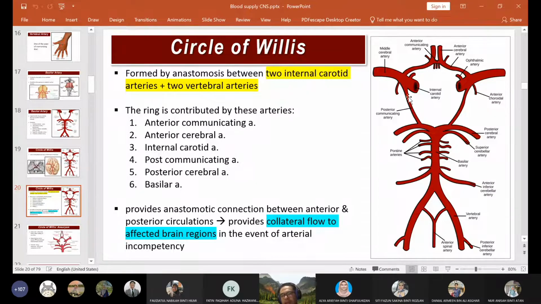Okay, imagine that if there is interruption at the internal carotid artery, the vertebral artery that comes off here, pacilla, they still boleh cover the affected brain regions, in case there is blockage or anything that disrupts the blood flow, because we know that once arterial supply is affected, then you have a very detrimental effect.